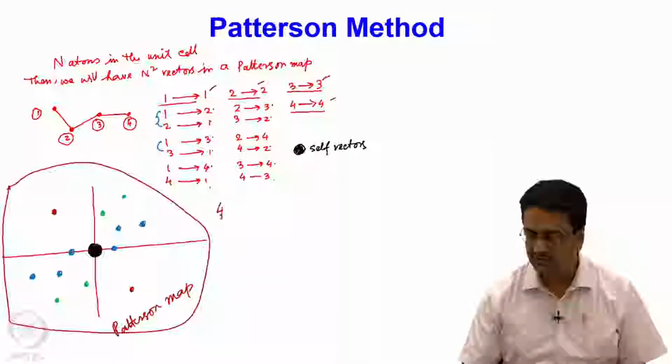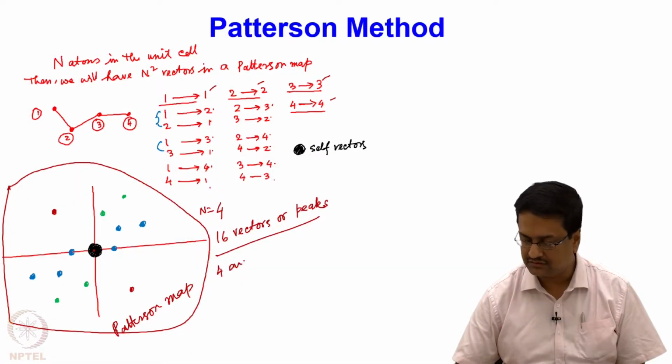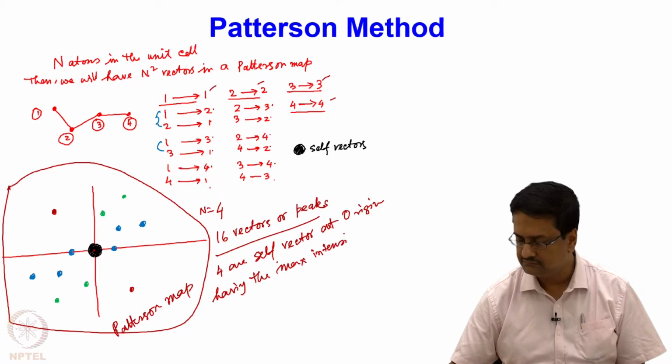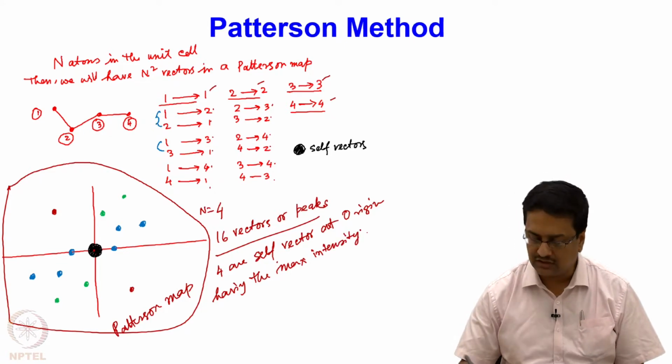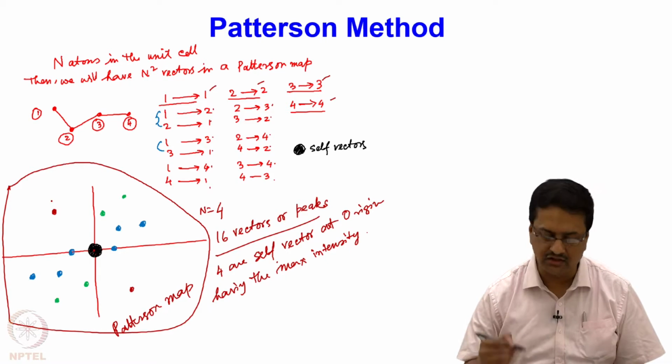So, for a structure with n equal to 4, we have 16 vectors or peaks appeared in the Patterson map, of which 4 are self vectors at origin having the maximum height or maximum intensity, and other vectors appear at different locations with the intensity much less than the origin.